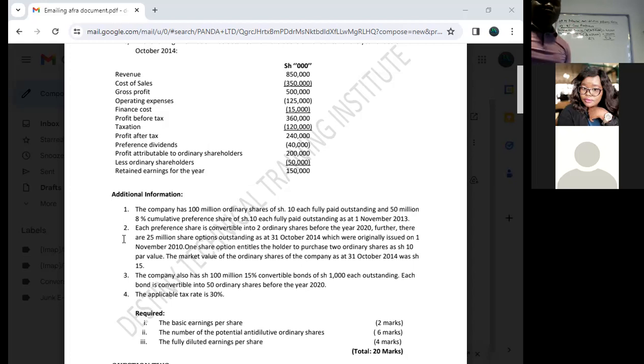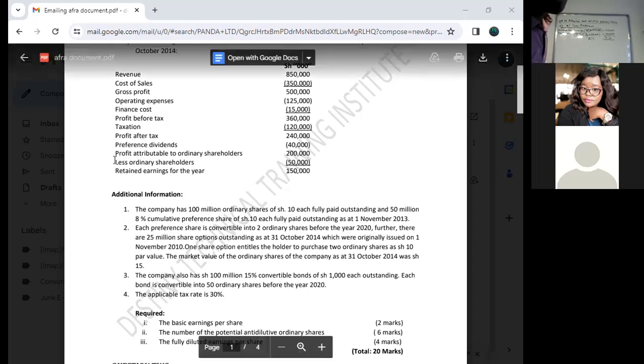It is dilutive, because it is giving us less profit with more shares.